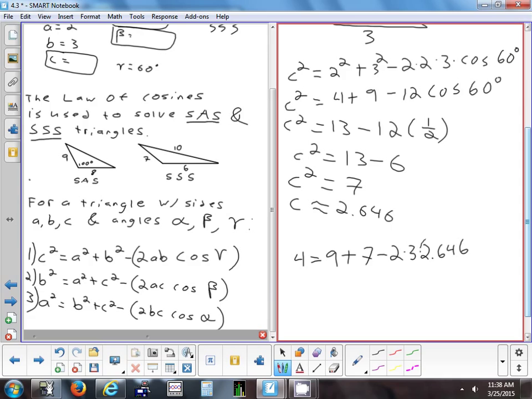Okay, since we have a decimal, we'll just do it like that so we don't get confused. And the last thing I have to multiply is by cosine of what? Alpha. Yeah. Cosine alpha. Any question on setting that up?